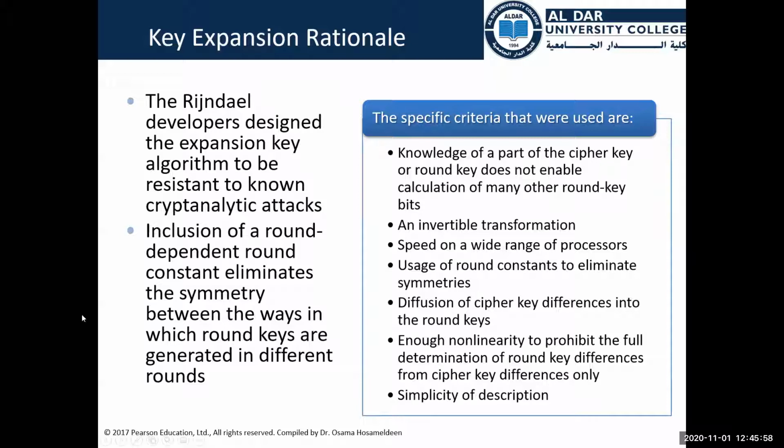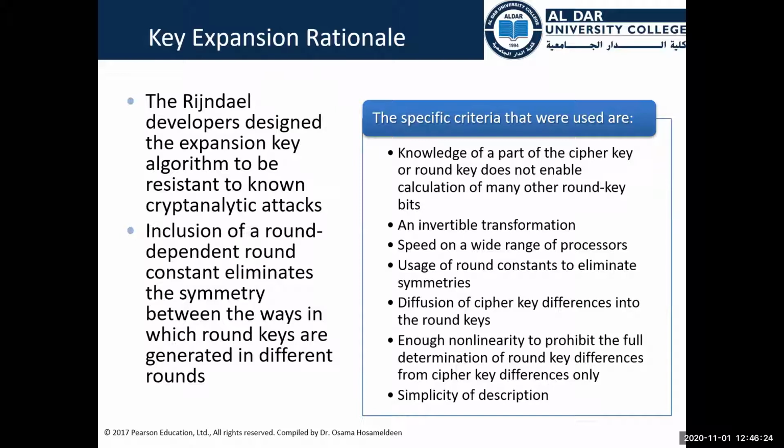Also the inclusion of a round-dependent round constant eliminates the symmetry between the ways in which round keys are generated in different rounds. This means that the key is just a very simple word. For example, I can make a password like my name. I put my name as a password.